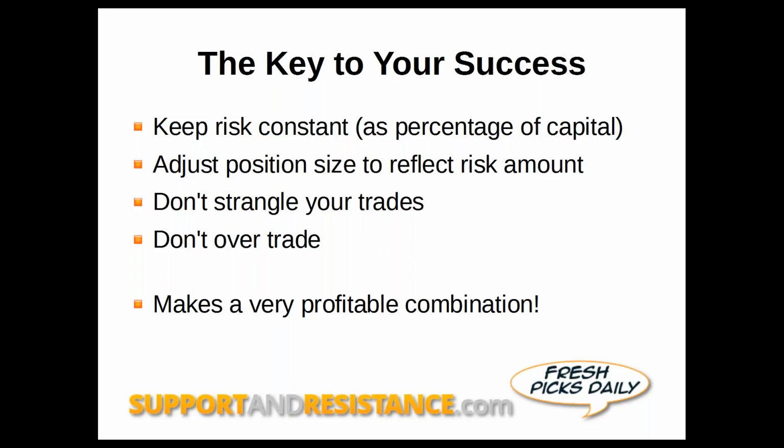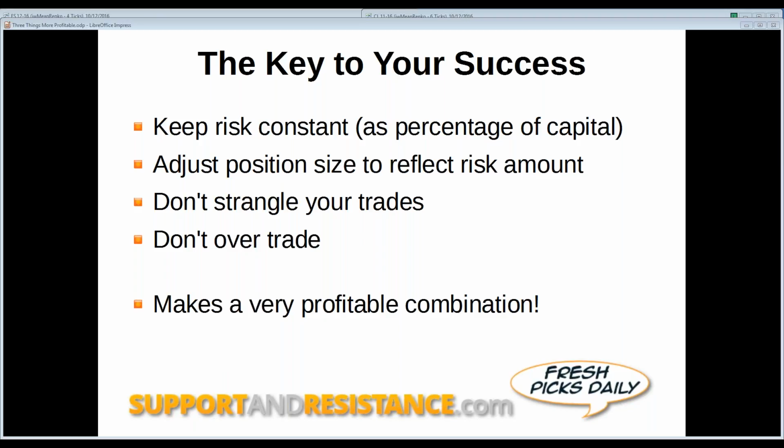So you adjust your position size to reflect your risk amount, but your risk is always the same. Don't strangle your trades. In other words, don't keep your stops ultra tight, and don't overtrade, and you have yourself a very profitable trading combination.